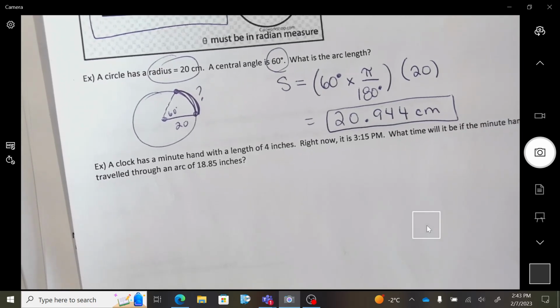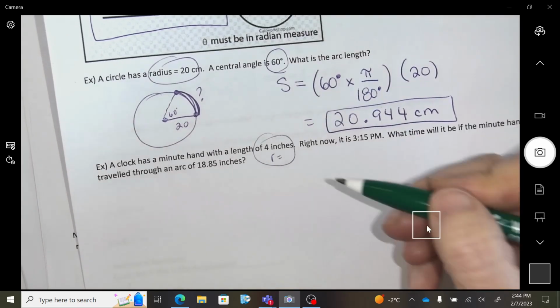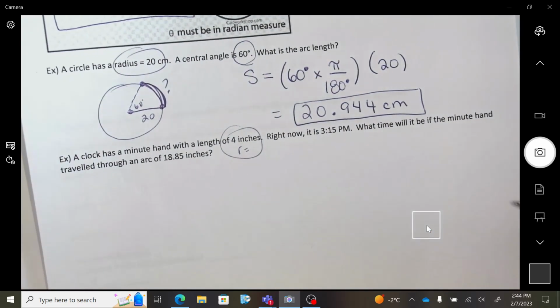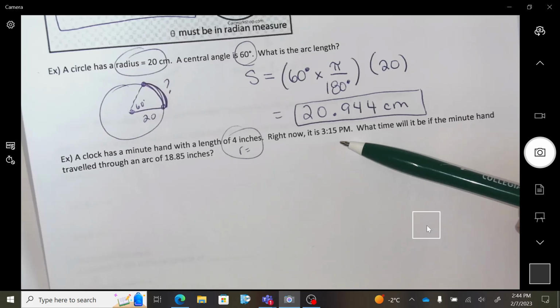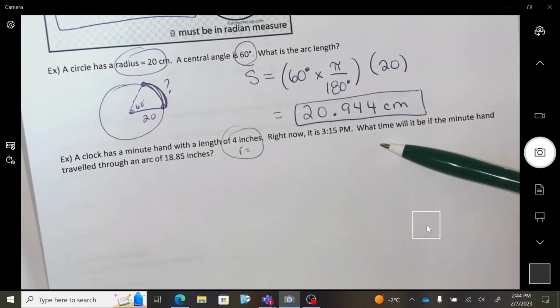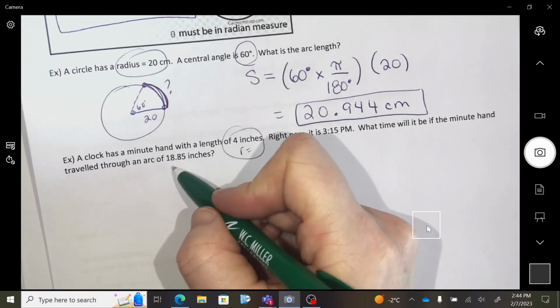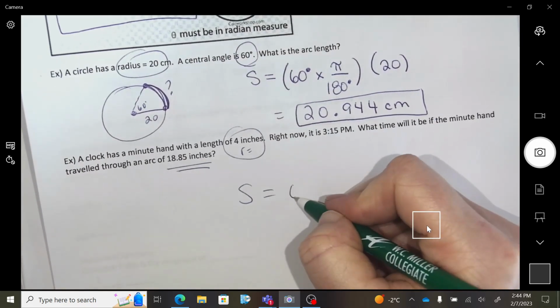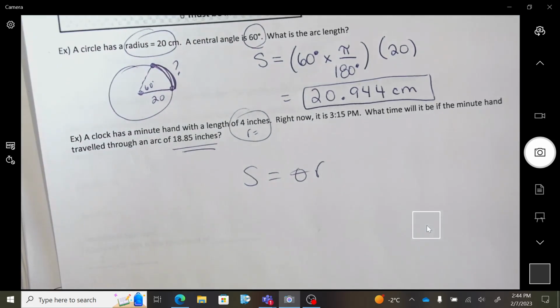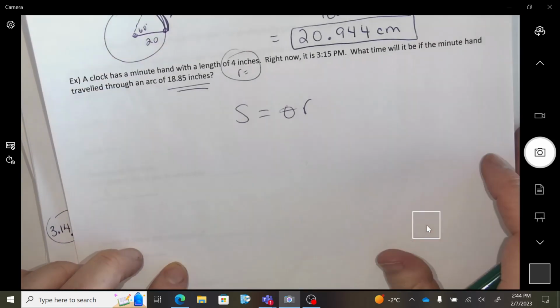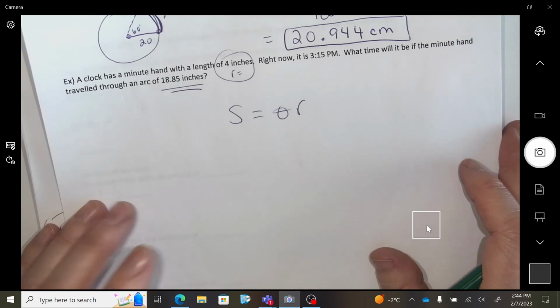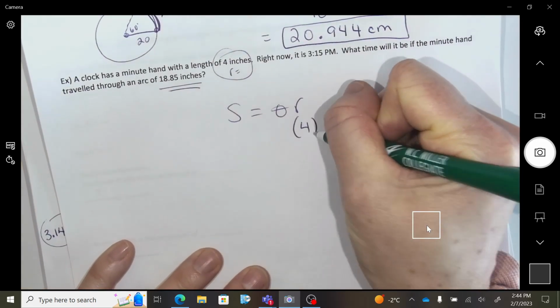Okay, with your brackets. A clock has a minute hand with a length of 4 inches. So that's my radius, right? Right now it's 3:15. What time will the minute hand be if it travels an arc of this? Okay, 9 o'clock. I told you that the radius was 4, so you can put that in for the r.